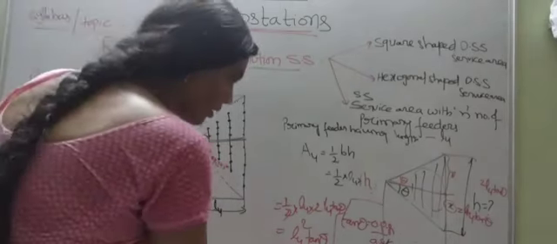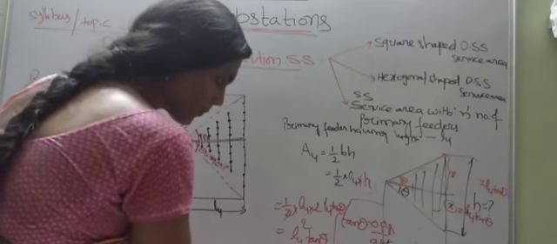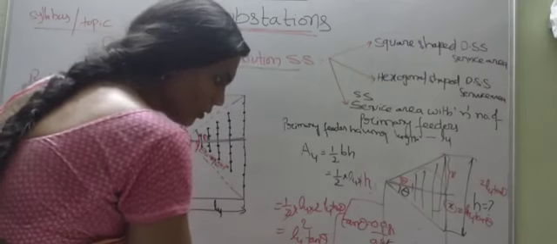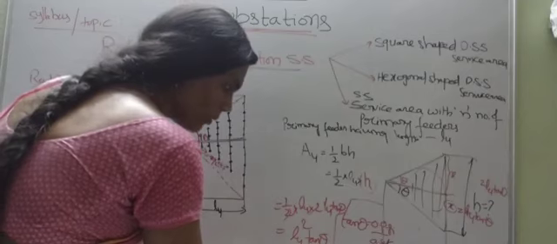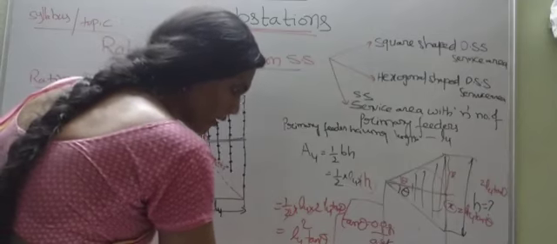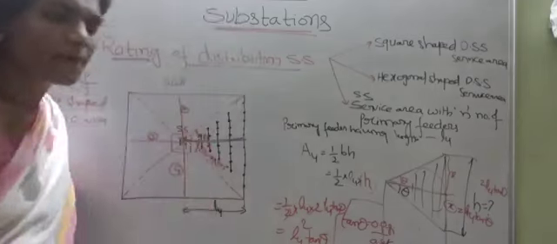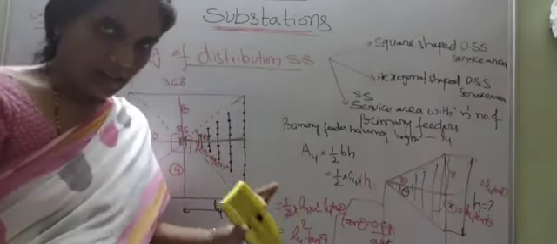Substitute theta as 45 degrees: tan 45 equals 1. Am I right? So L4 square into tan 45, which is 1, gives L4 square. This is the area served by one feeder.